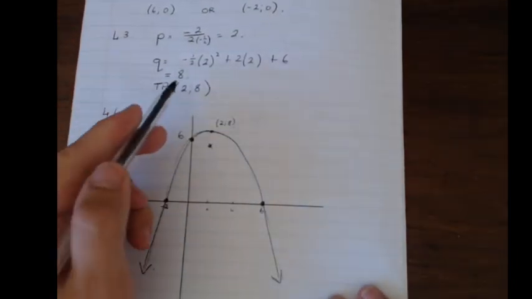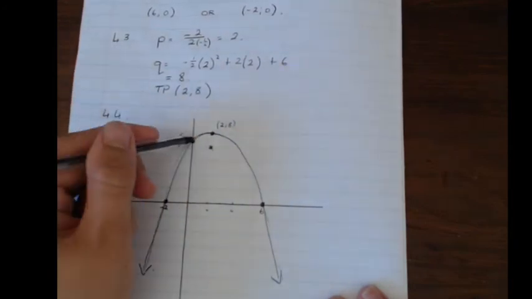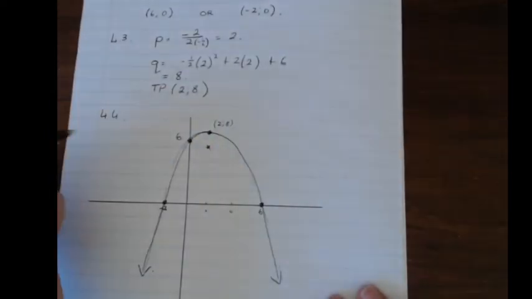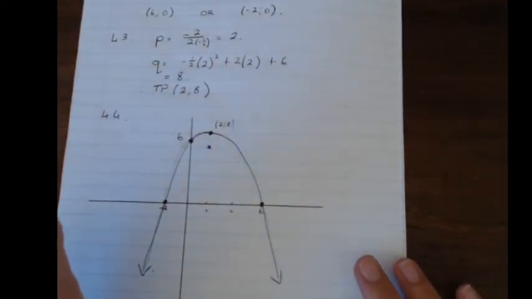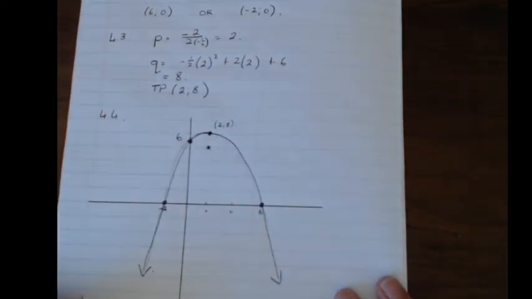So I have my x-intercepts, I have my turning point on the graph, I have my y-intercept. If you do need to do a calculation, but it's not a really tough calculation, and there's my sketch.